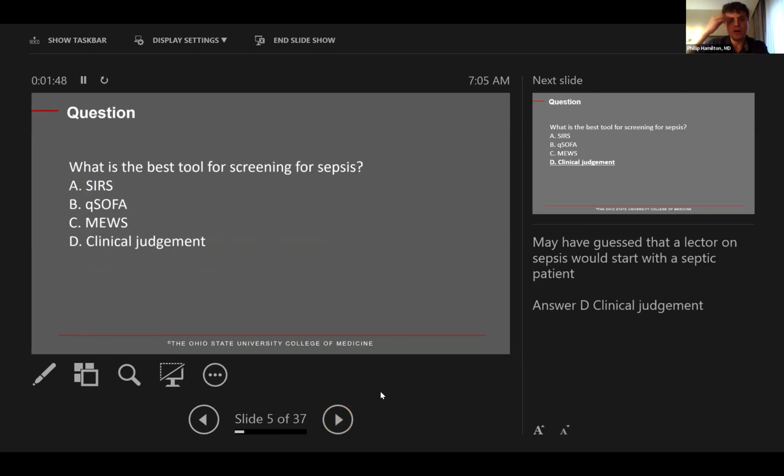So question number 1, what is the best screening tool available for sepsis? Is it using the SIRS criteria, qSOFA, MEWS, or clinical judgment?